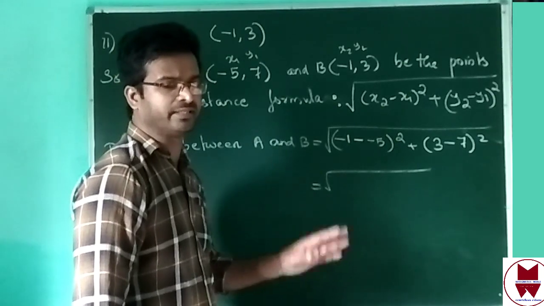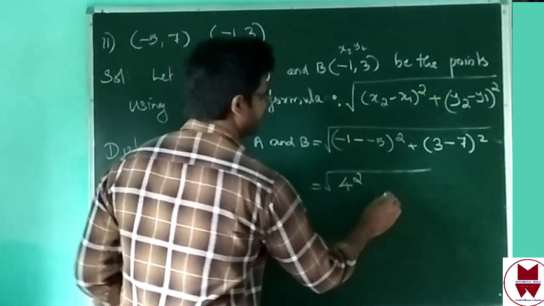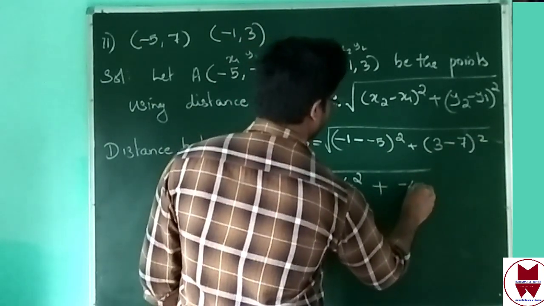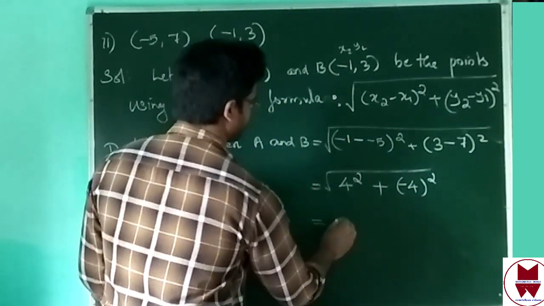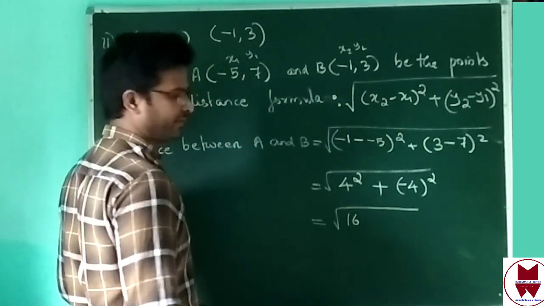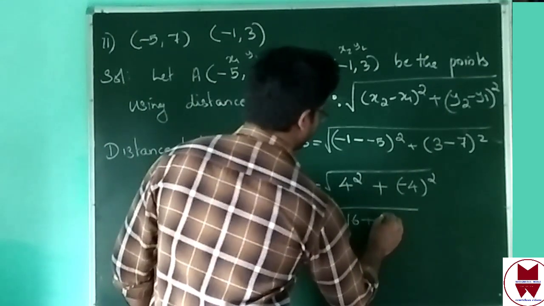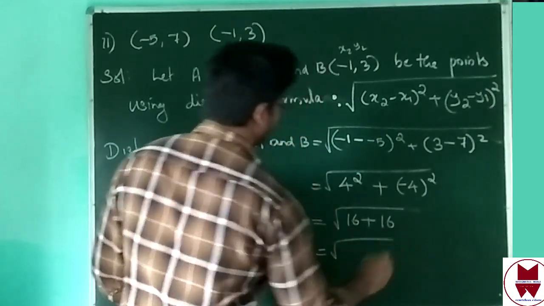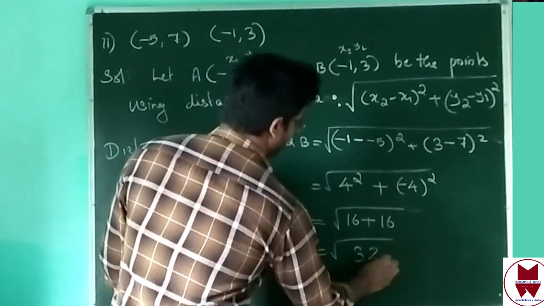Minus 1 plus 5, that is 5 minus 1. You will get 4. 4 square plus 3 minus 7, minus 4 all square. 4 square, 4 into 4, 16, plus minus 4 all square, minus 4 into minus 4, that time also you will get 16. Square root of 16 plus 16, 32.